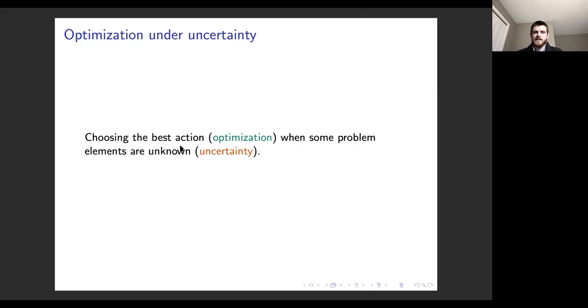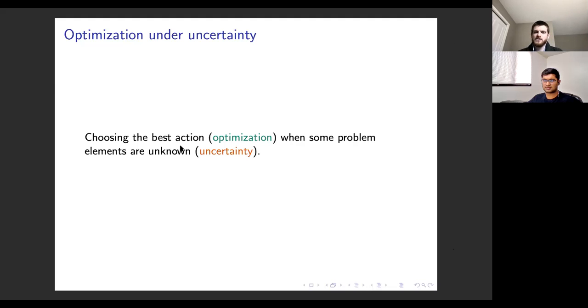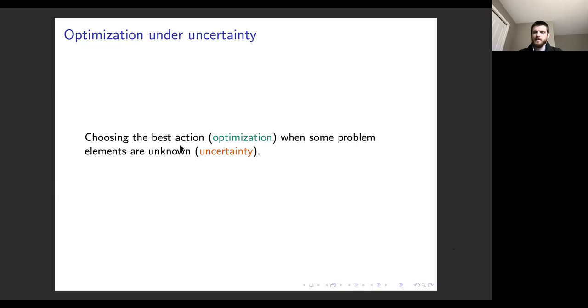So really at its essence, optimization under uncertainty is trying to choose the best action when some elements of your problem are unknown. And so choosing the best action is optimization, and then the uncertainty is that not knowing some of the problem elements.